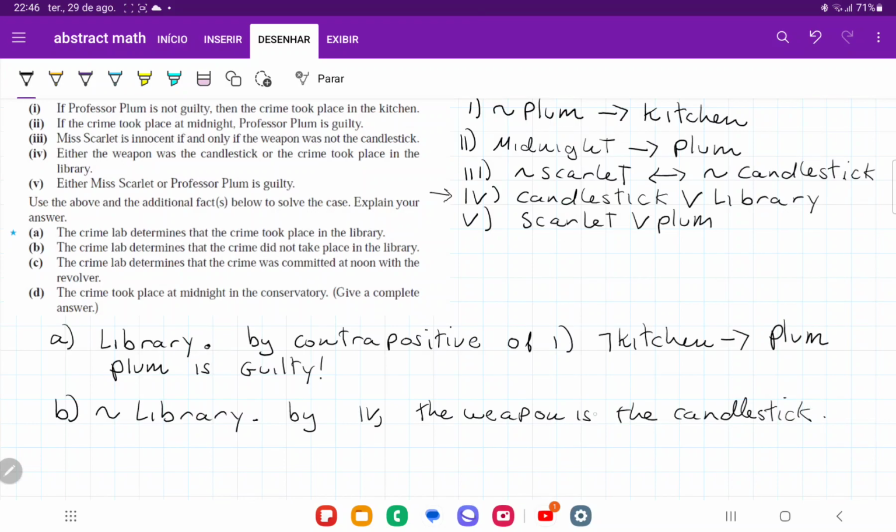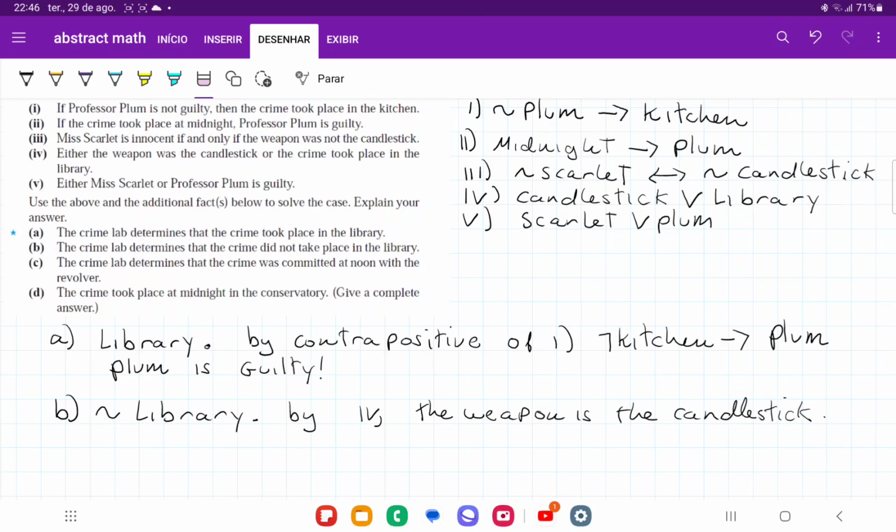Okay. And if the weapon is a candlestick, now we look at item 3, which says not candlestick if and only if not Scarlet. A biconditional is true when the propositions have the same truth value, right? Either they're both true or they're both false.